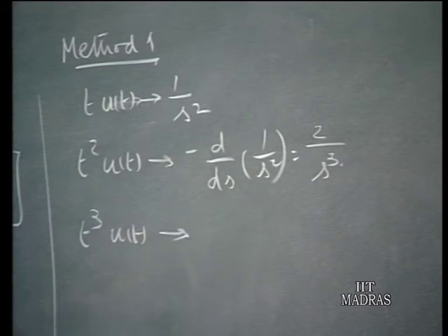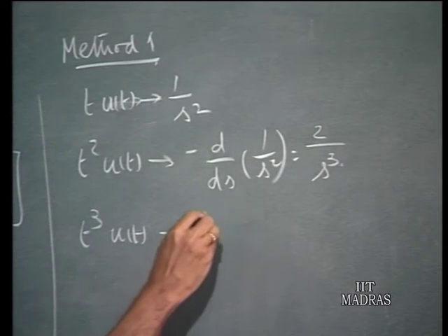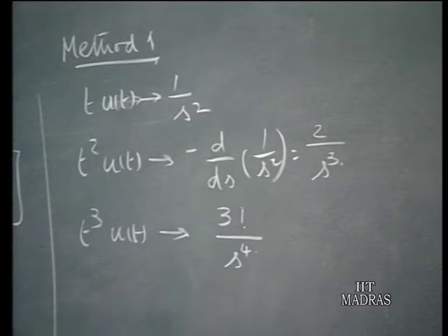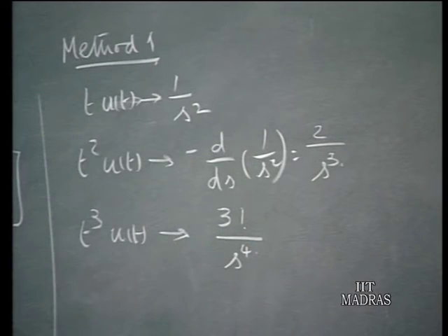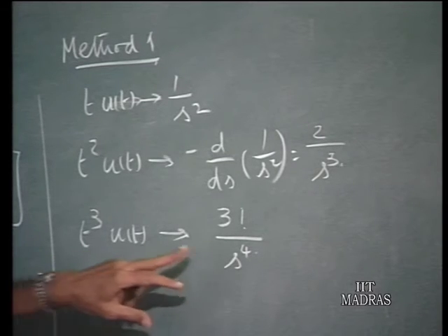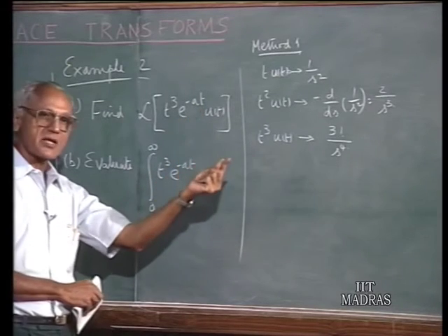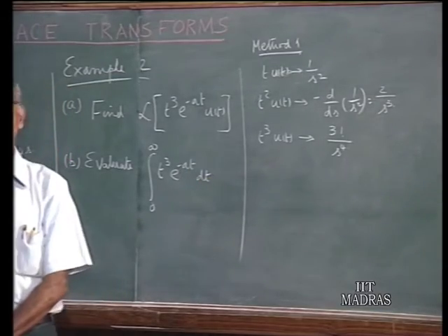Then likewise, you can carry this one more step. t cubed u(t) will be, you once again have to take the derivative of this. This will become 3 factorial by s to the power of 4. That is t cubed u(t). But now, if f(t) has a Laplace transform F(s), f(t) multiplied by e to the power of minus a t has the Laplace transform obtained by substituting s plus a for s.